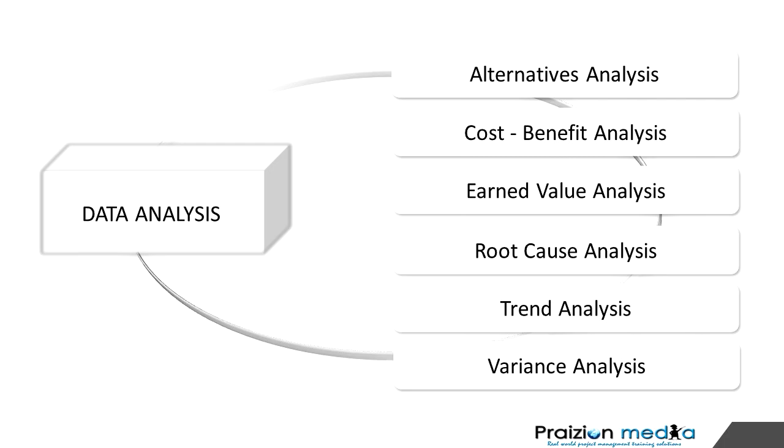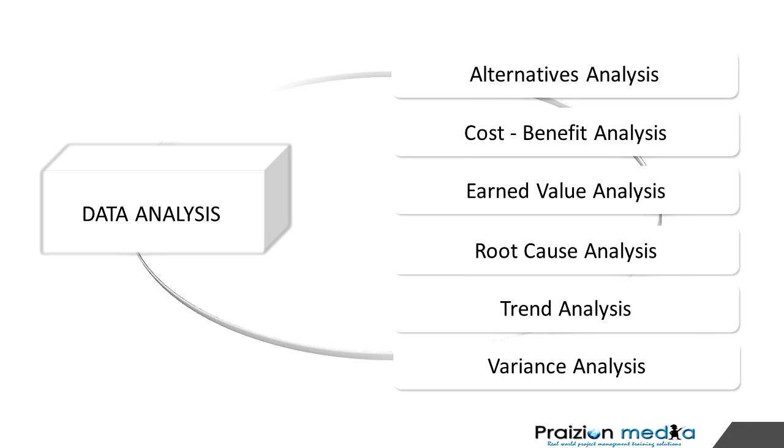So we have alternatives analysis. Alternatives analysis seeks to analyze alternatives for anything on the project. You could be analyzing alternatives for solving a problem. You could be analyzing alternatives for carrying out work, you see. We also have cost-benefit analysis.